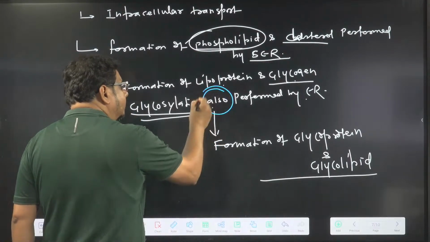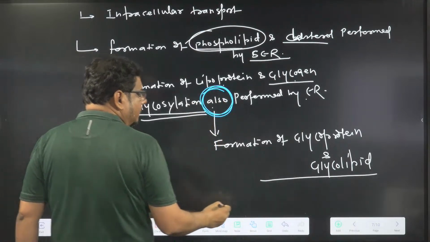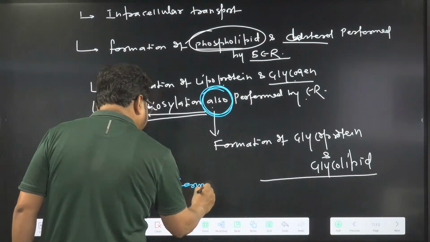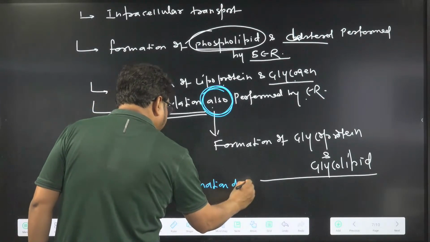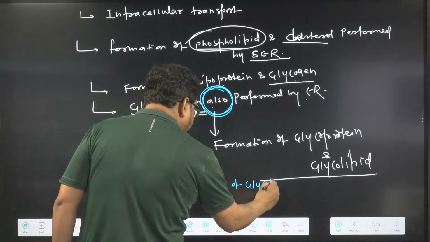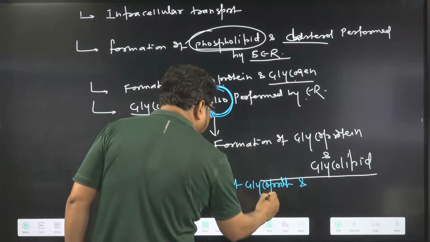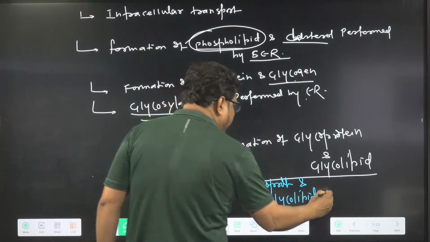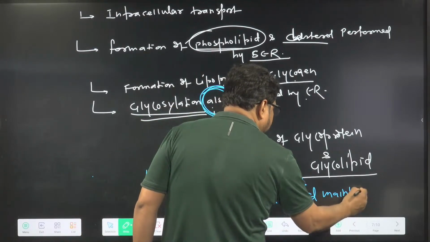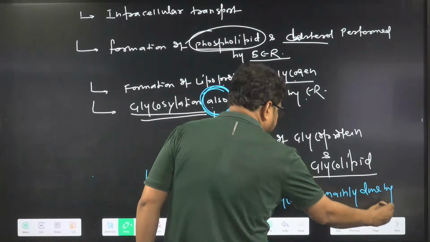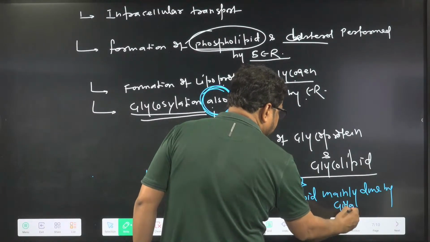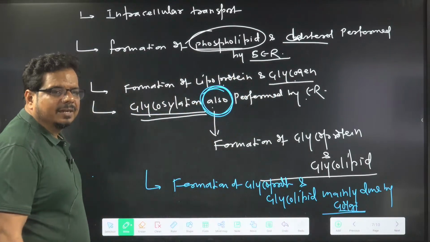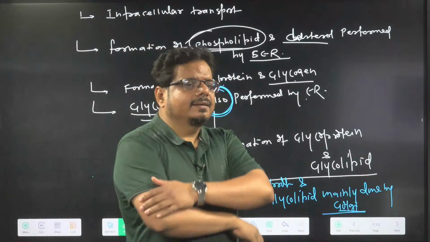I wrote also: formation of glycoprotein and glycolipid is mainly done by Golgi. NCERT wrote it in Golgi body. Got the idea? What I want to say, try to understand.